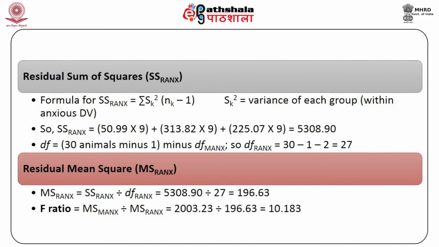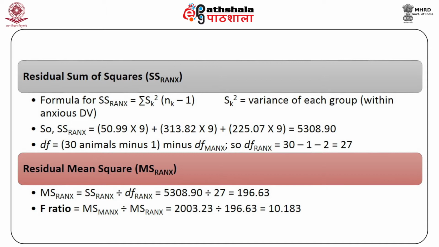We find the residual mean sum of square to be 5308, which we calculated as the sum of square divided by the degree of freedom, which was calculated to be 27.